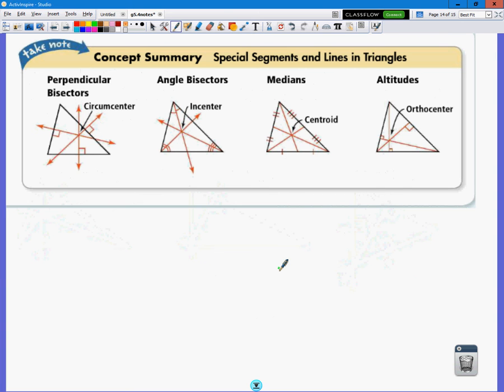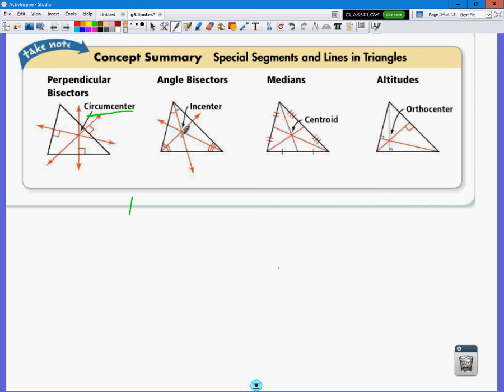The ones that we've talked about over the last couple days. If you're talking about the point of concurrency of the perpendicular bisectors, it is the circumcenter. It is equal distance from the vertices of a triangle. Angle bisectors, their point of concurrency is the incenter.